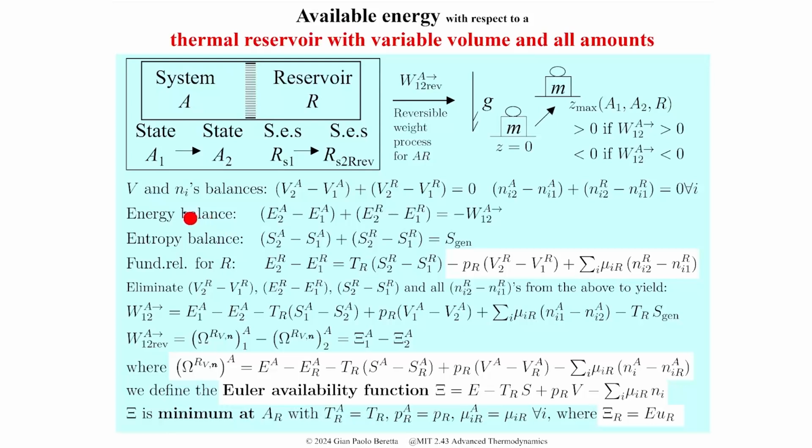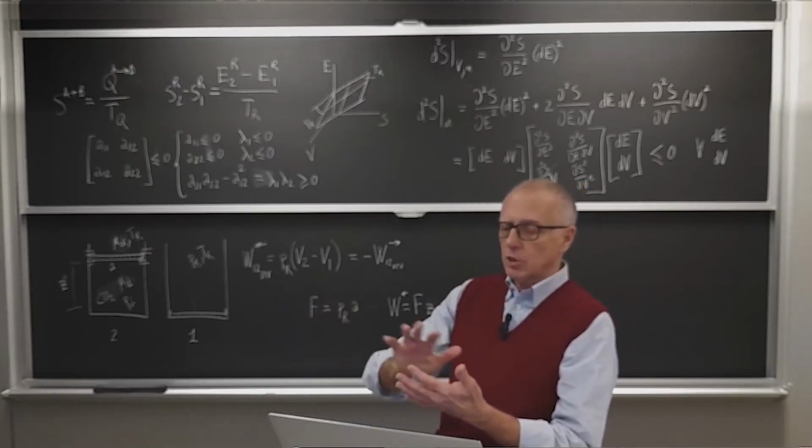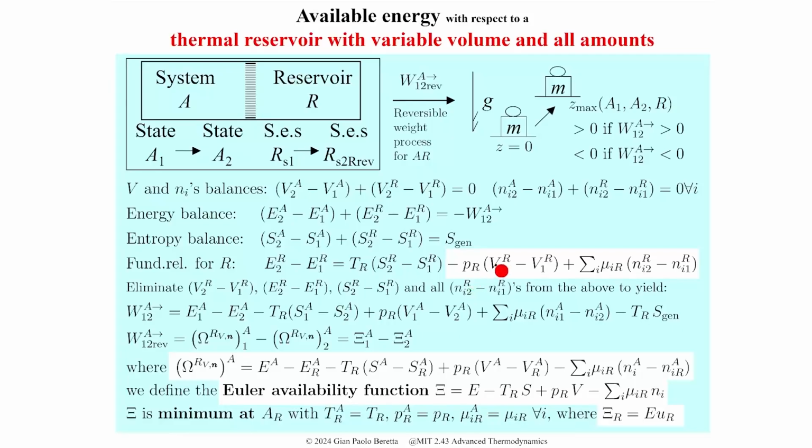So you have to run again the same machinery: energy balance, entropy balance, fundamental relation for the reservoir. Notice that also in the previous case, maybe I didn't emphasize it enough, what changes from reservoir to reservoir is the expression for the fundamental relation. These terms are new, peculiar to this reservoir, that acts as a reservoir not only for exchanges of energy and entropy, but also, if you change volume, it doesn't change the pressure.